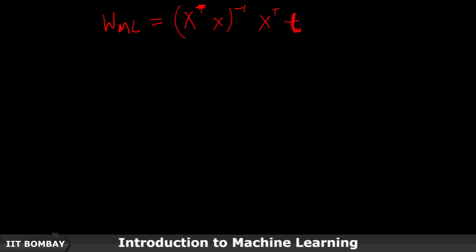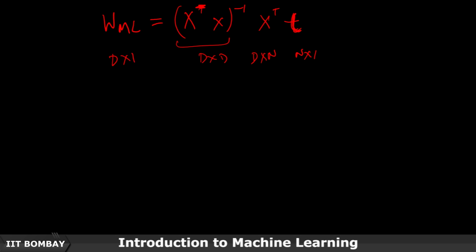So this entire thing will be d cross d, and we will take its inverse, and then it will be multiplied with something that is d cross n, and then we have n cross 1. So the entire thing will be d cross 1. So these are the d different weights that we want. The dimensions of the matrix multiplication check out quite nicely.